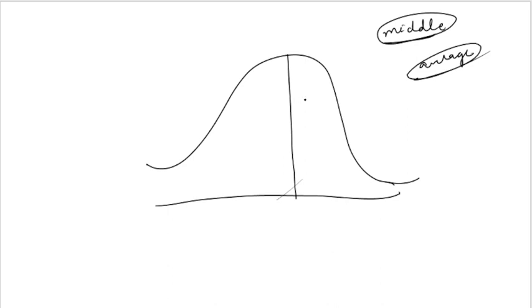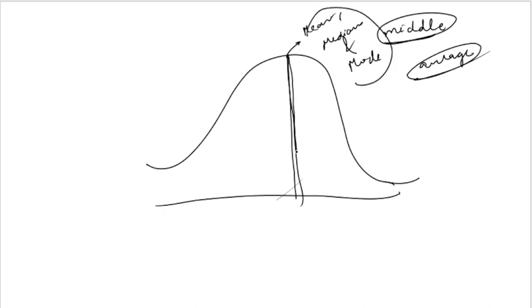It is symmetrical in nature, and in the normal probability curve, the mean, median and mode all coincide at one point. The normal probability curve never touches the x-axis at its tails.